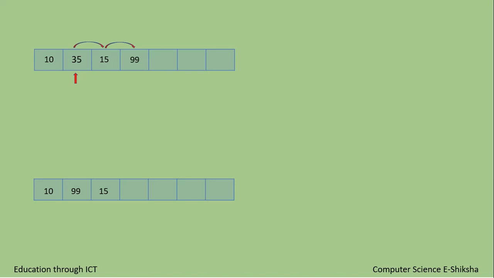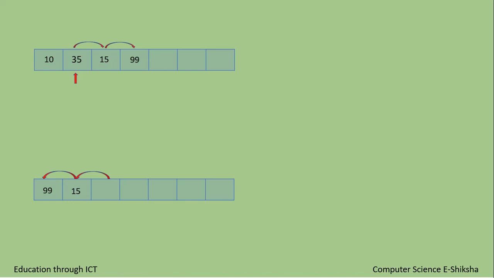In an array, if you want to delete an element, in the same way, suppose I want to delete 10, which is stored at the first location, then I'm going to shift 99 to the first so that 10 will get overlapped, then 15.